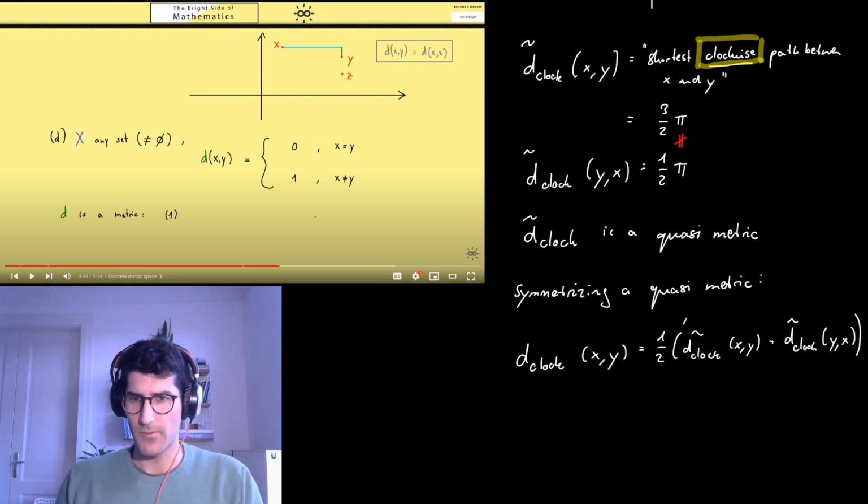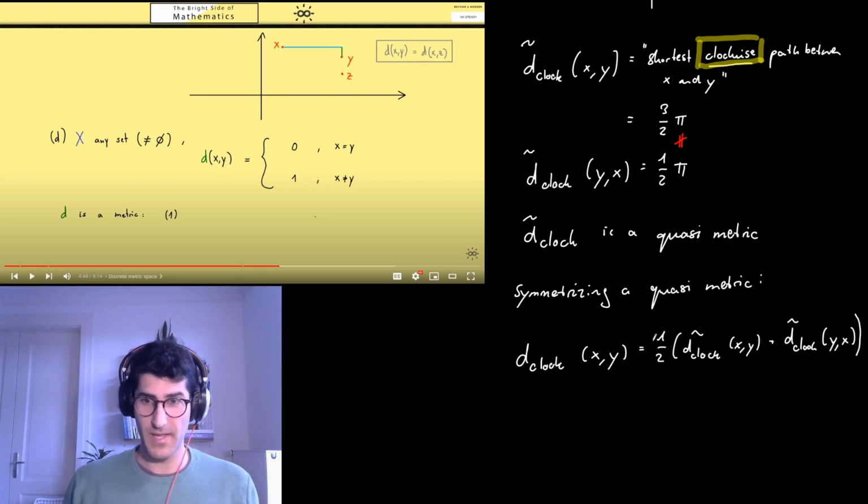So you may think, y is the 1/2 here. Could we just take the sum? Think about it like this. If my quasi-metric would already be symmetric, then d-clock tilde of x and y would be already the same as d-clock tilde of y and x.